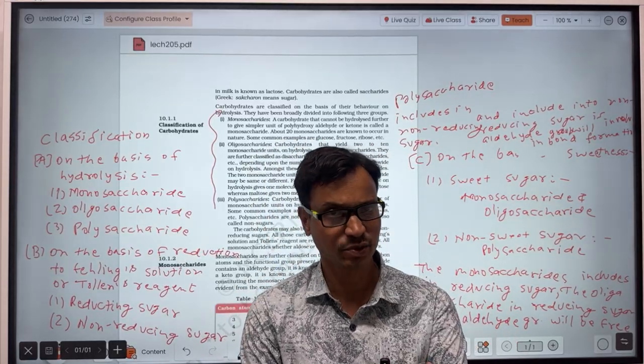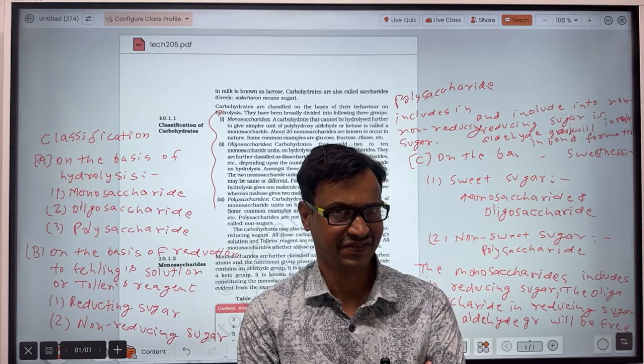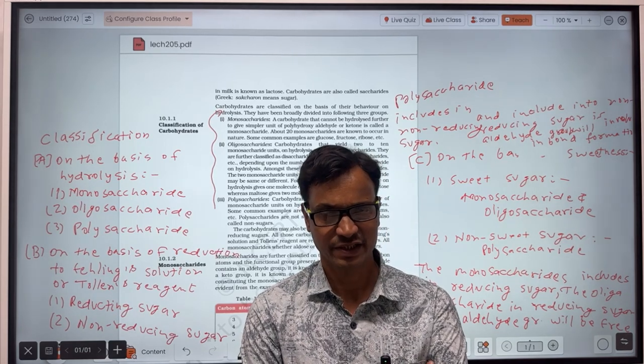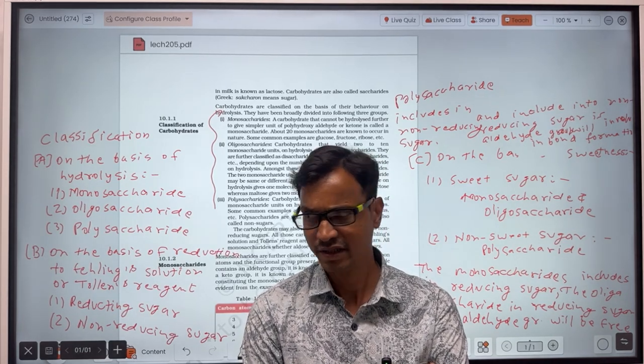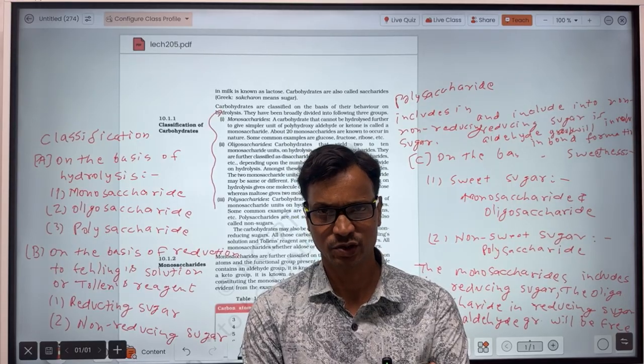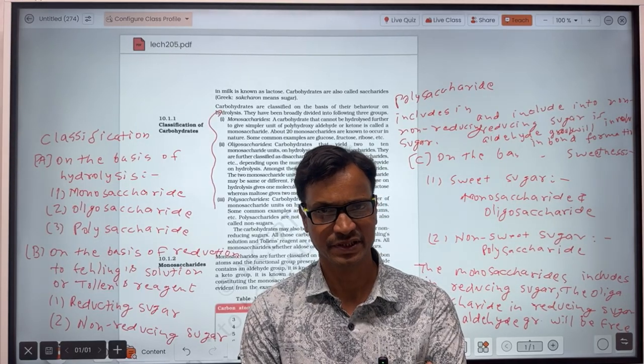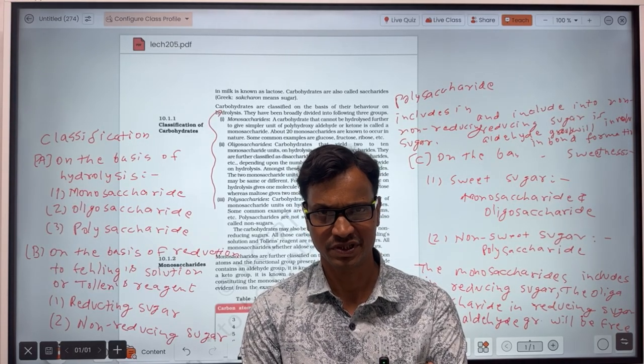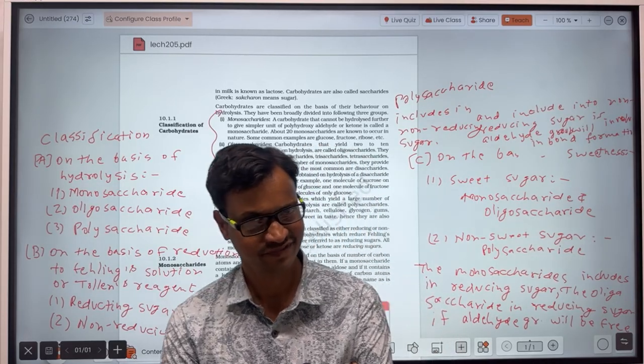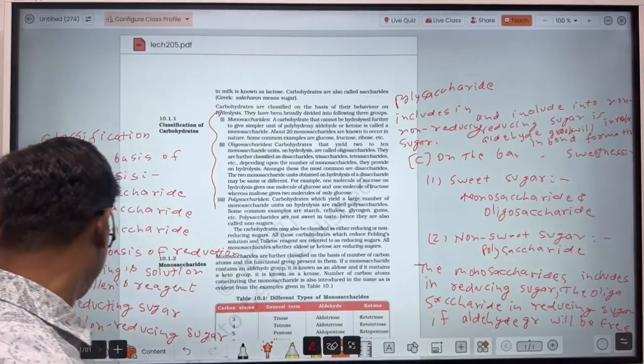The oligosaccharides will be included in reducing sugar if the aldehyde group is free, and they will be included in non-reducing sugar if the aldehyde group is involved in bond formation. Okay, that is it for now.